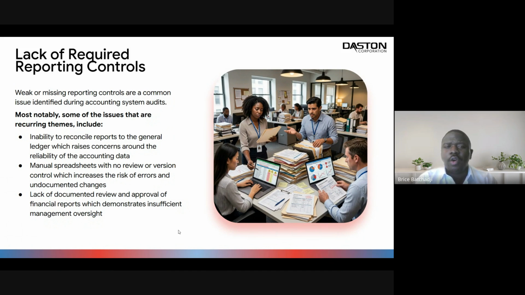So generally what we see during accounting system audits is instances where the reports out of the system might be inaccurate, basically because there weren't any reviews happening when they should have been happening.